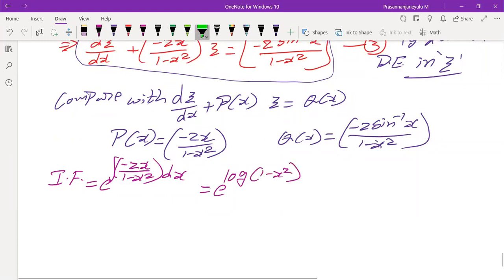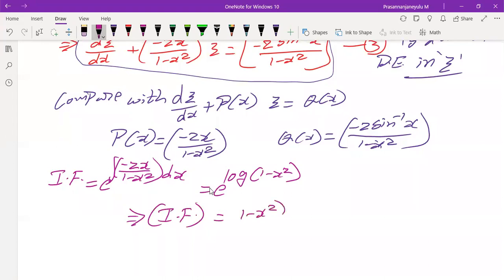If you treat the denominator as f of x, the differentiation of 1 minus x square is minus 2x, and the numerator is there. So it is of the form integral of f dash by f equals log of f. So the integrating factor is 1 minus x square.